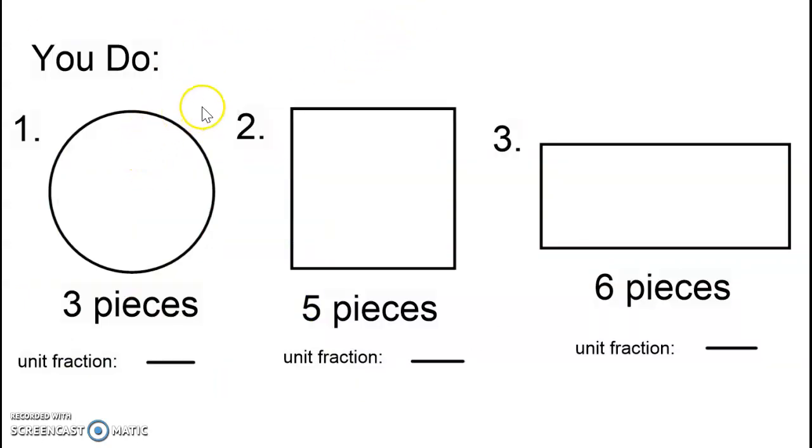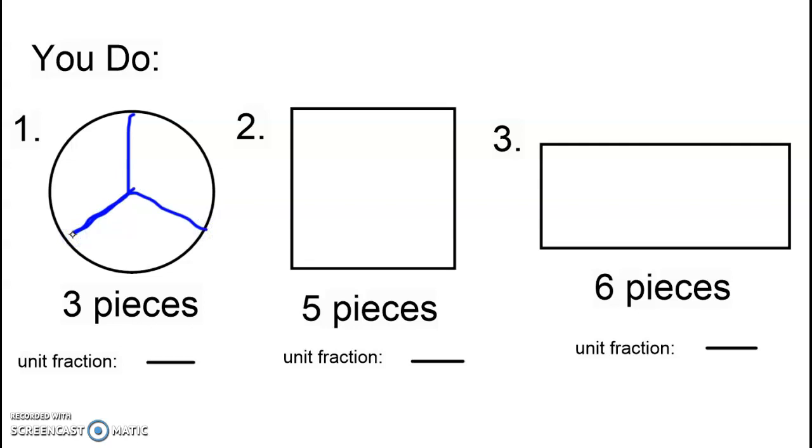If I've given you a circle and I ask you to split this into 3 equal pieces, remember this is like creating that peace sign. We draw a line through the center. Once we get to that center point, it kind of grows legs, and we separate it like this.